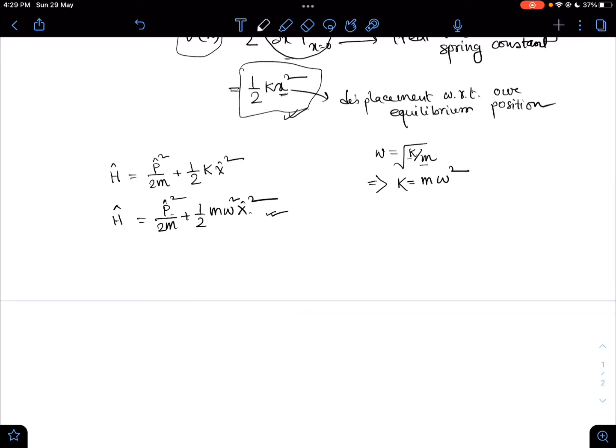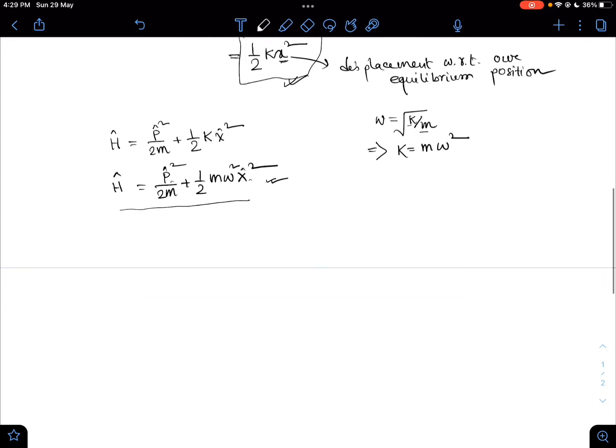We have to find the ground state and excited states, like we have to find the eigenvalues and eigenstates for this Hamiltonian. We can do this in two ways. One is the brute force method, where we put this Hamiltonian in our Schrödinger equation, minus h bar squared by 2m del squared psi by del x squared plus V psi equals E psi.